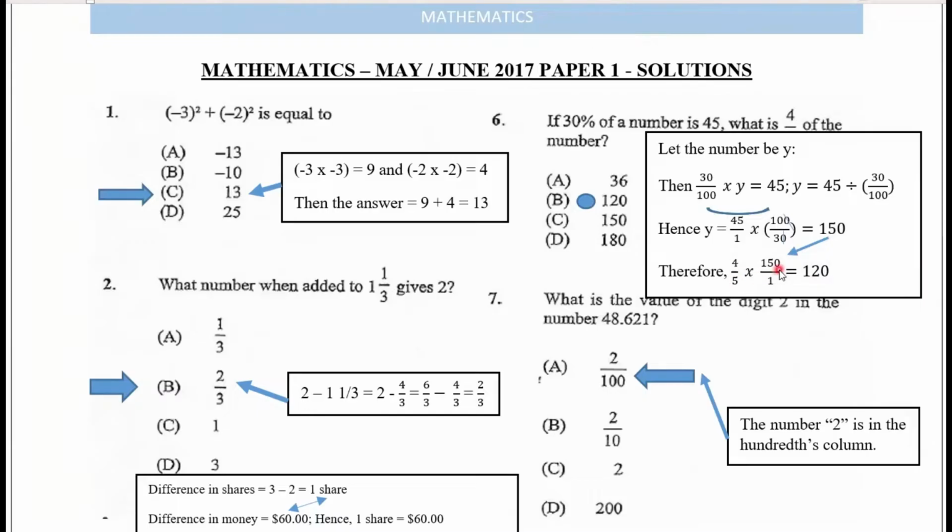So you find 4/5 of 150 and simply put 5 into 5, 1, 5 into 15, what? 3 with the 0, that's 30. And then 30 by 4 gives you 120. So that's B as in bat is your answer there. All right, B as in bat.